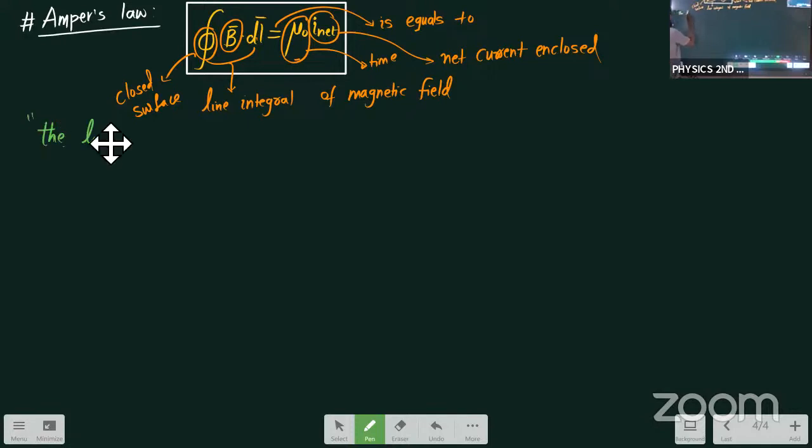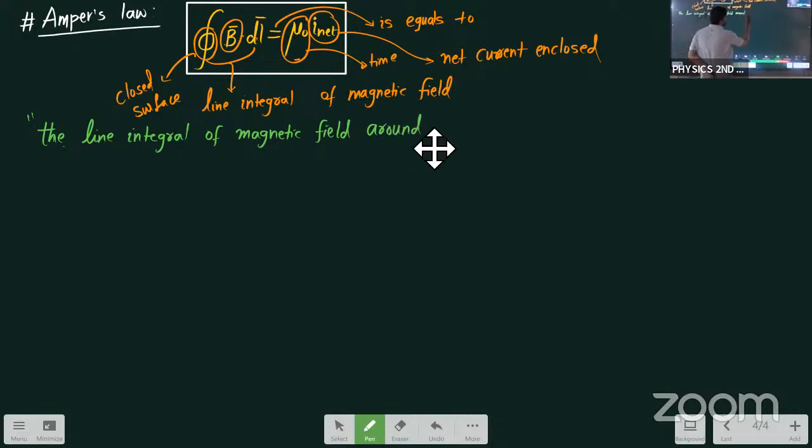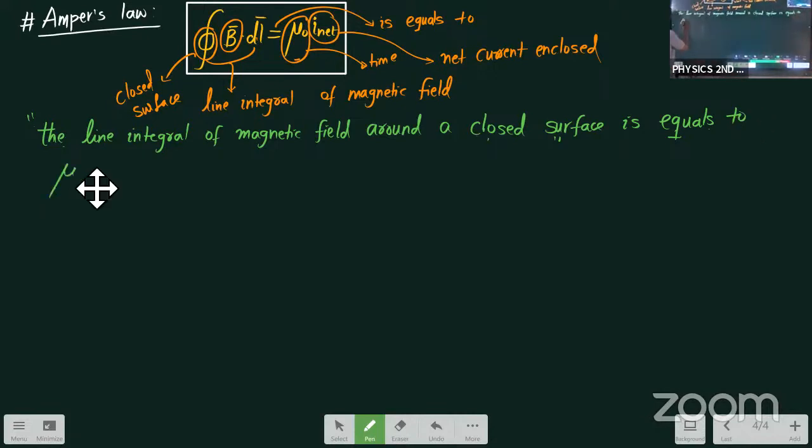The line integral of magnetic field around a closed surface is equal to mu naught times the net current enclosed in the surface.